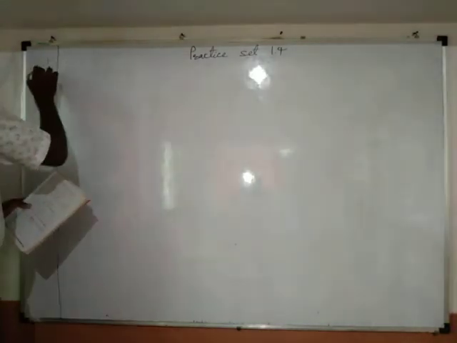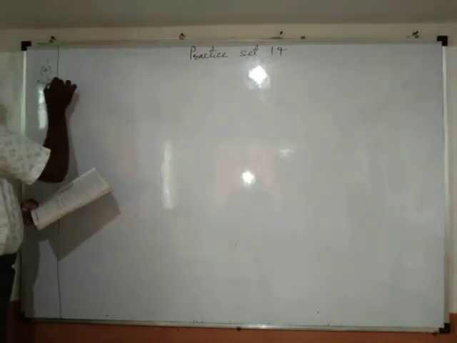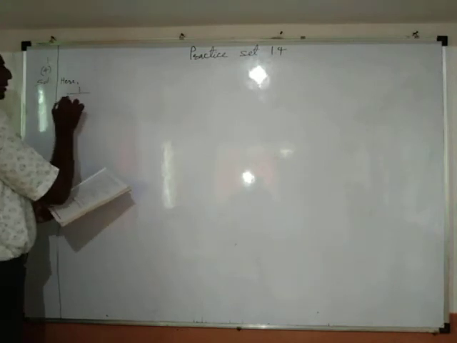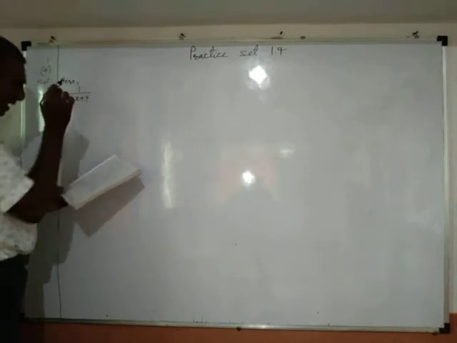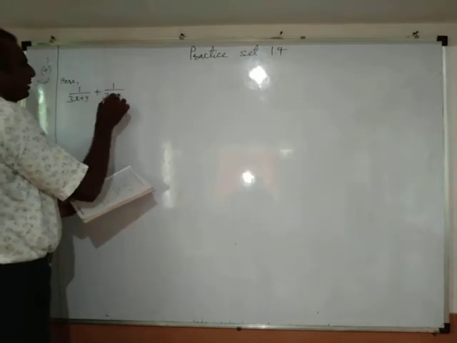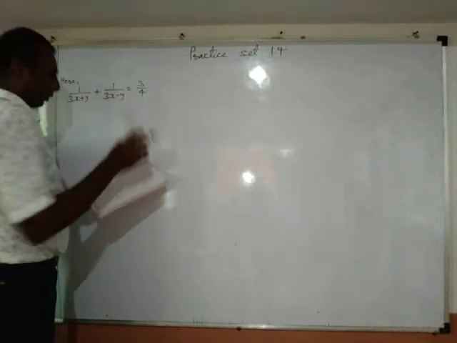Question 4, solution. Here, 1 upon 3x plus y plus 1 upon 3x minus y equals 3 upon 4.